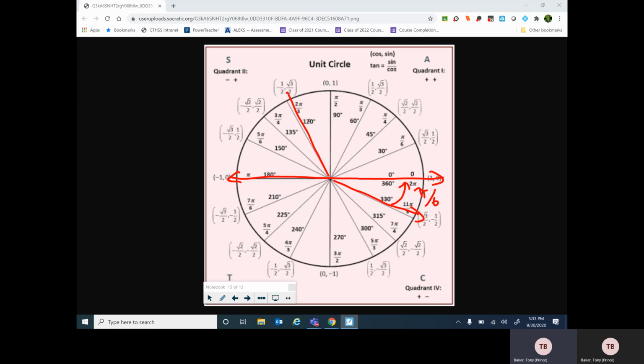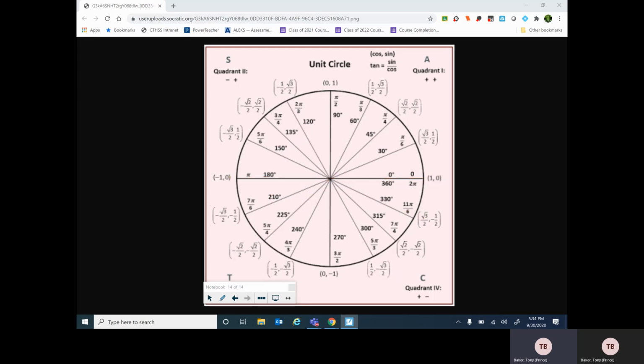If I have a line over here, say 120, to get to here, that's 60 degrees. If I had an angle down here, say 5 pi over 4, to get back to that one, it's going to be pi over 4. So the reference angle is whatever I need to get back to that horizontal line in the middle.